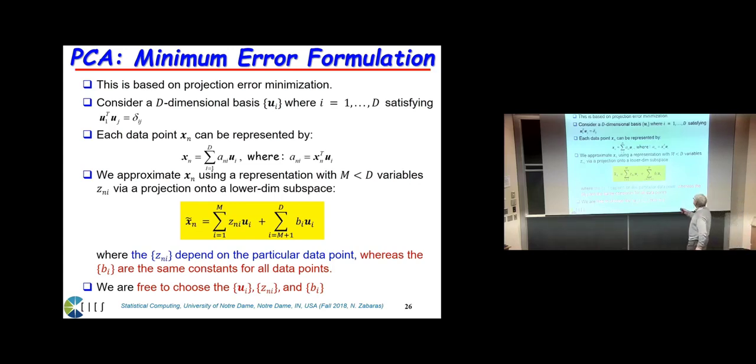So let's say that you have a basis in d dimensions. We call this ui. You can project any vector exactly on these vectors ui, and the coefficients are nothing else but x transpose ui. You remember this from your early days, right?